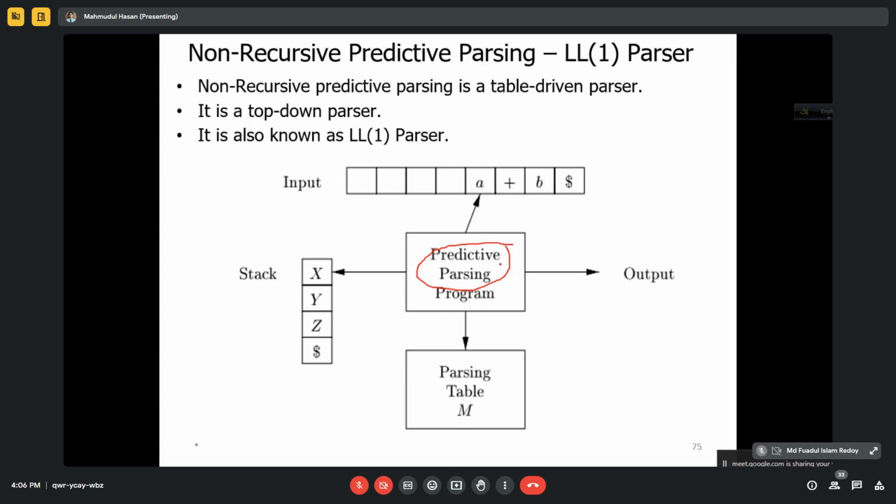When constructing predictive parsing, you need to construct a parsing table, and for the parsing table you need the concept of first and follow. With the help of first and follow, we can create the parsing table, and this parsing table helps you construct the predictive parser. In a predictive parser, we use a stack. I also mentioned these things in the last class.